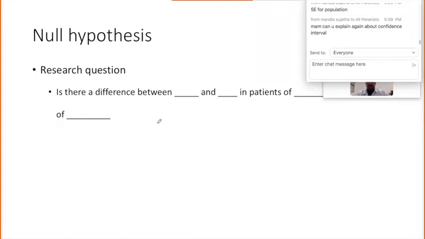But let's say there is a research question, and this research question reads like, is there a difference between, let's say, A and B in patients of carcinoma cervix in terms of death? So this A and B could be anything. It could be the parity.